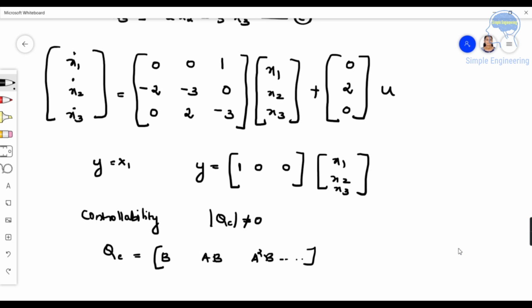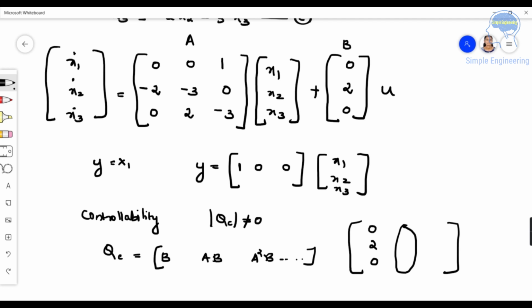So B is there. So this matrix will be A, this will be B. So for controllability, our first matrix will be 0, 2, 0, then A into B. You have to multiply this A and B and write it over here. Like that you have to find the controllability.